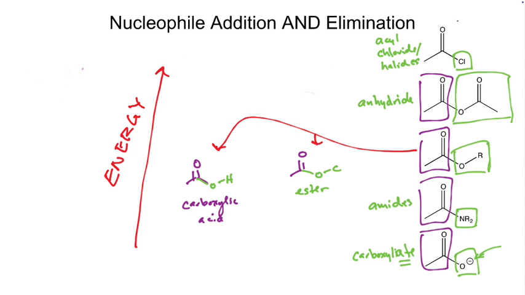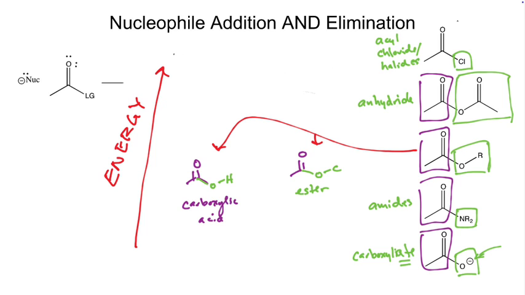The acyl chloride or halides are very high energy structures. The carboxylate is very low in energy. Why would the carboxylate be low in energy? Well, before we answer that question, we should take a step back and ask, how are all of these things reacting? They're reacting according to the thing that I just got rid of up here.